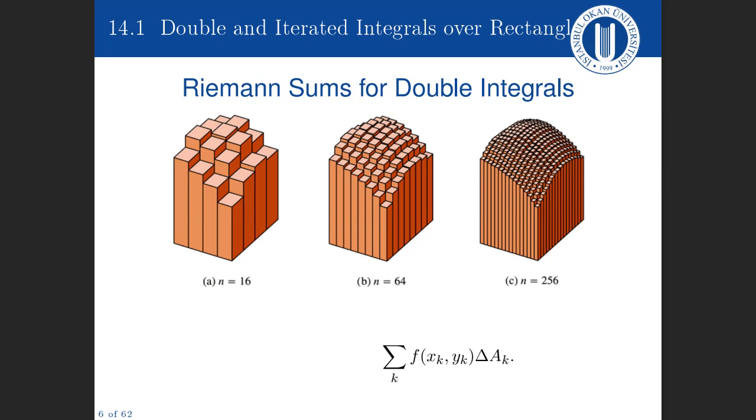If we take the limit of the Riemann sums as the number of rectangles tends to infinity, or to say it another way, the limit as the size of the partition goes to 0, then we get our definite integral. The double integral of f over the region R is the limit of these Riemann sums. So same ideas as you were doing in Mathematics 1.